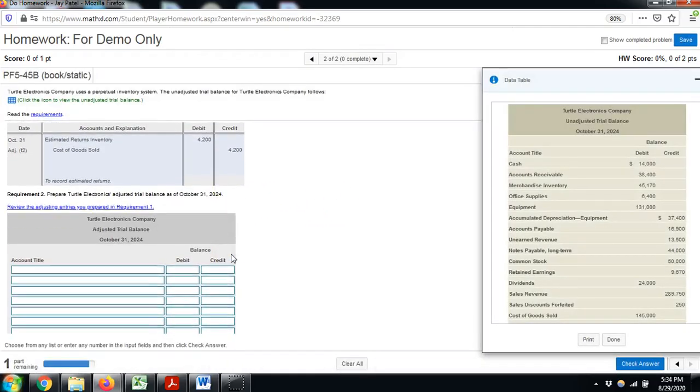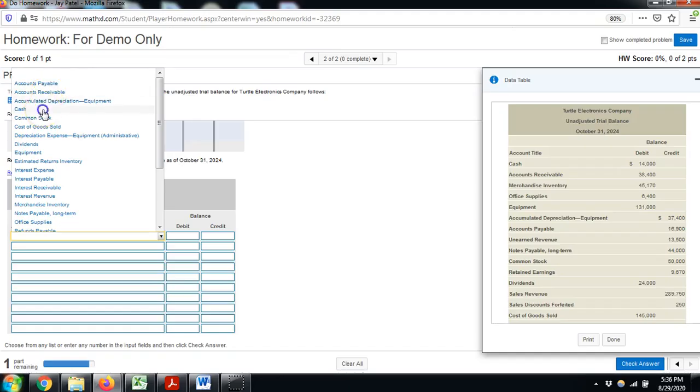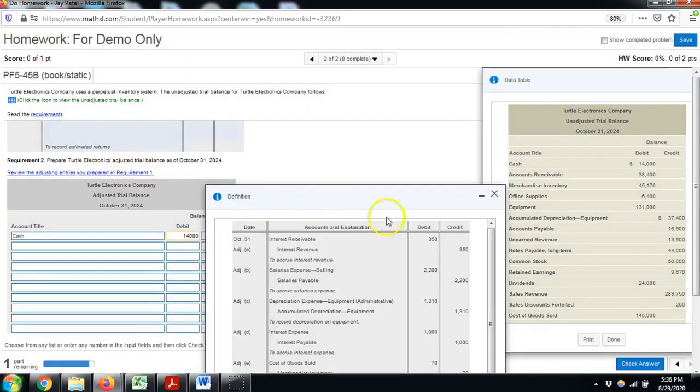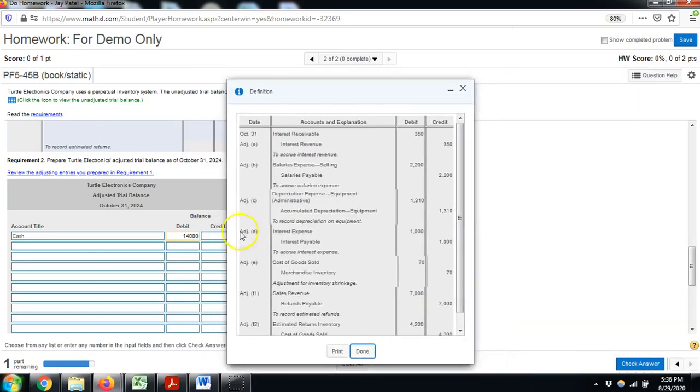Okay, so now we're going to do our adjusted trial balance. So let's start with cash, unaffected by all of our adjustments. Let's see what this does. Okay, so this is kind of a snapshot of all the adjustments that we did.